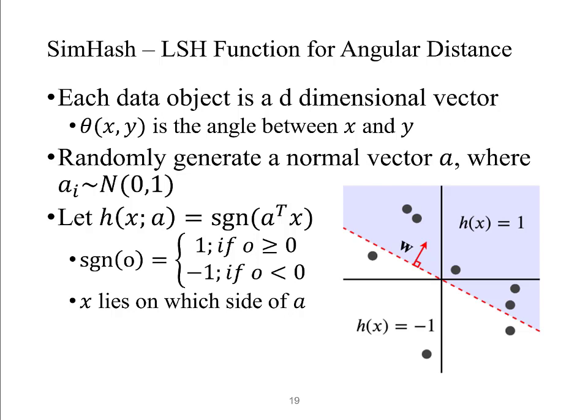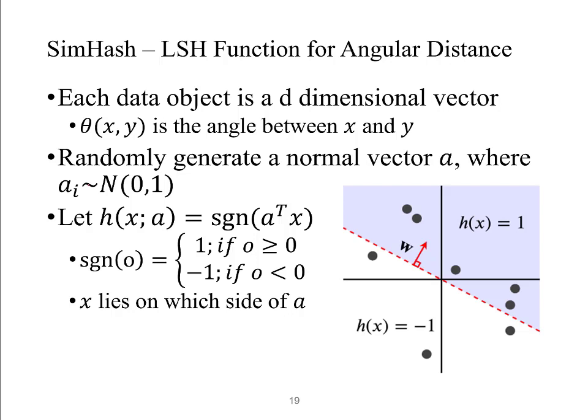So the data object is a d-dimensional vector, and we use theta of x and y to represent the angle between x and y. Now for the LSH for angular distance, we first randomly generate a normal vector A, where each element in A follows a standard normal distribution. Okay.